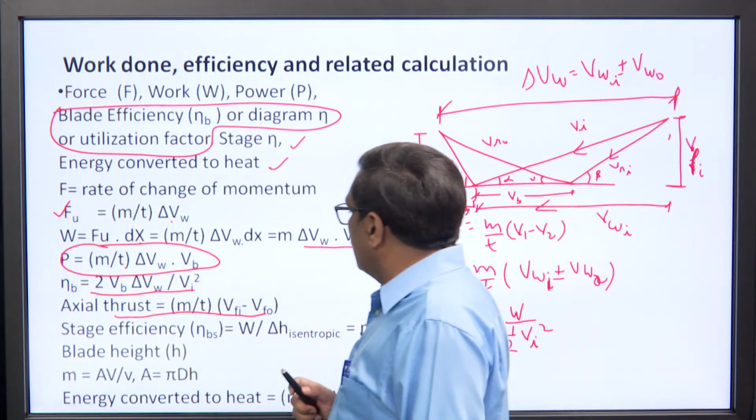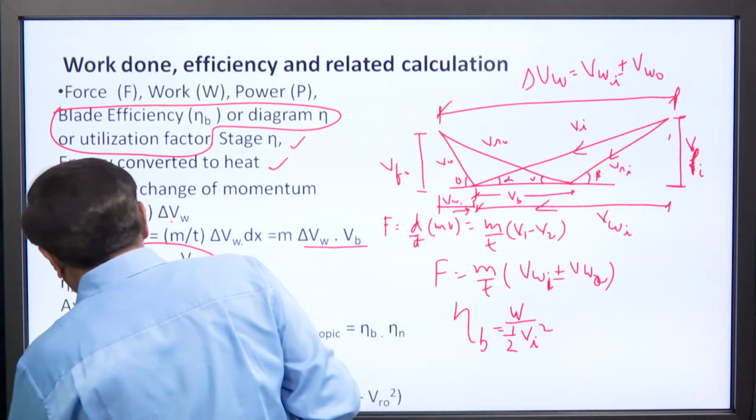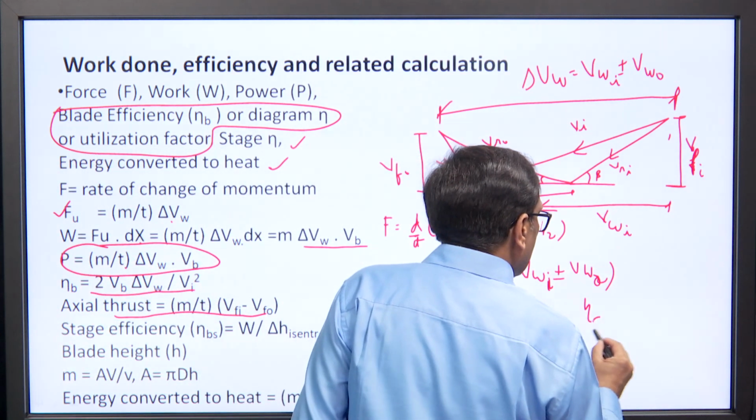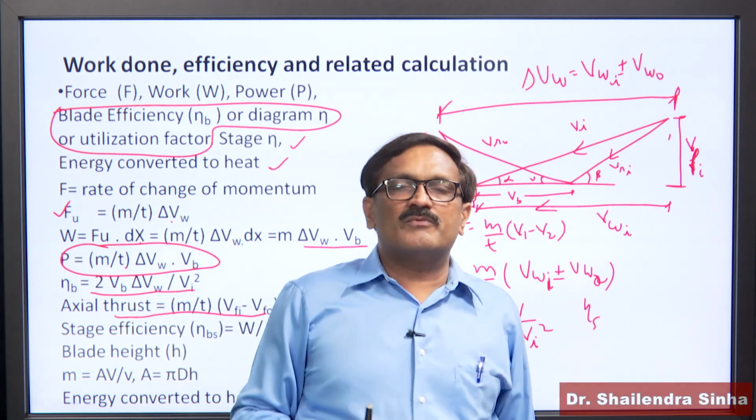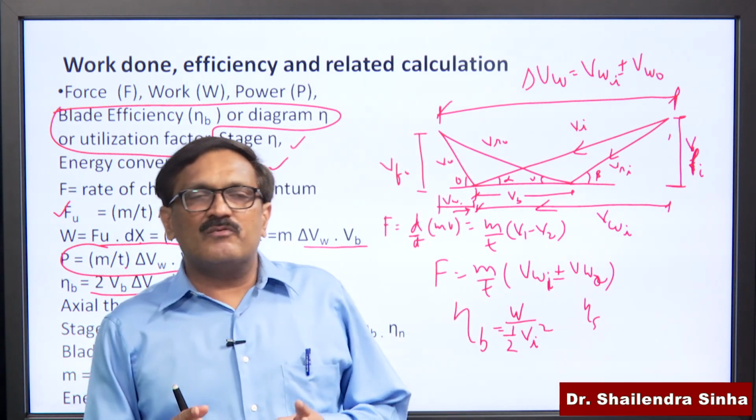Stage efficiency is the efficiency of a complete stage. One stage of the turbine means one set of nozzle and one set of moving blades.